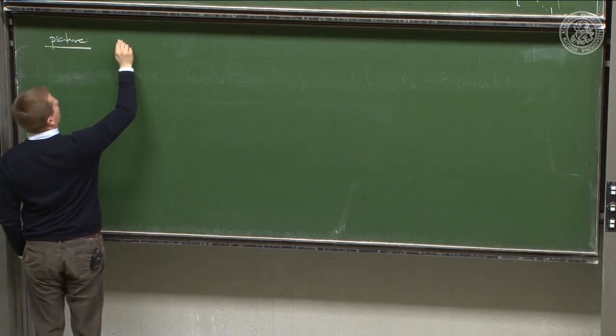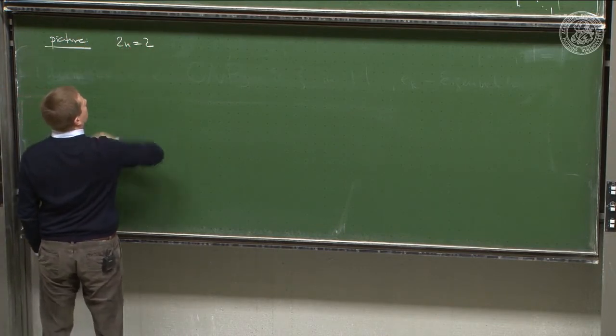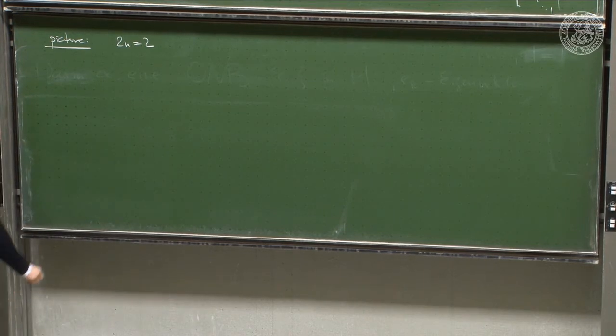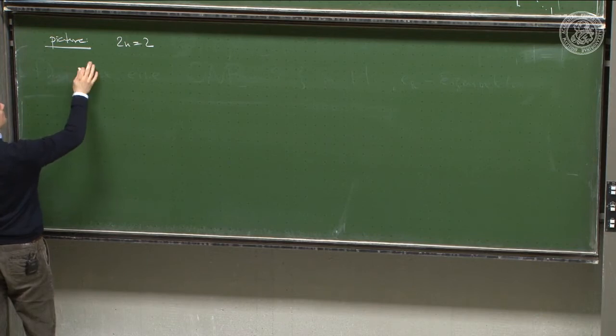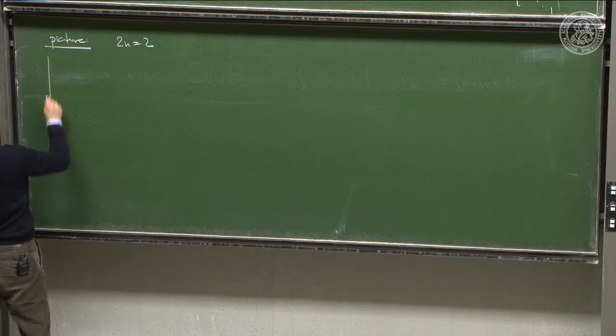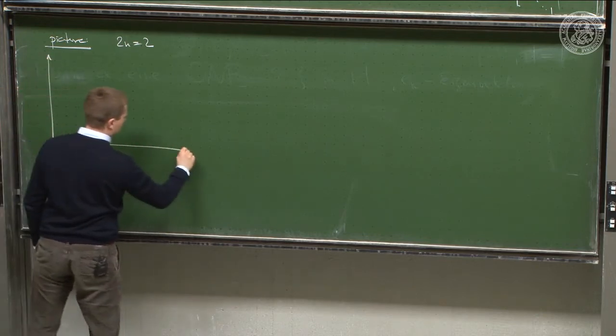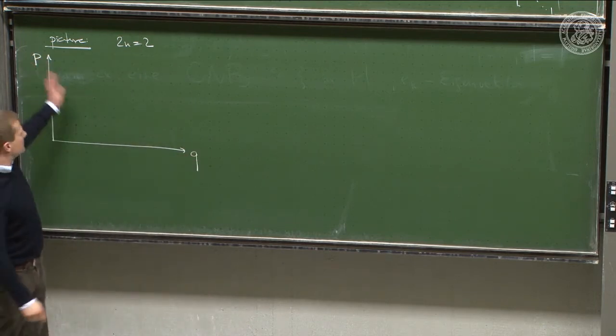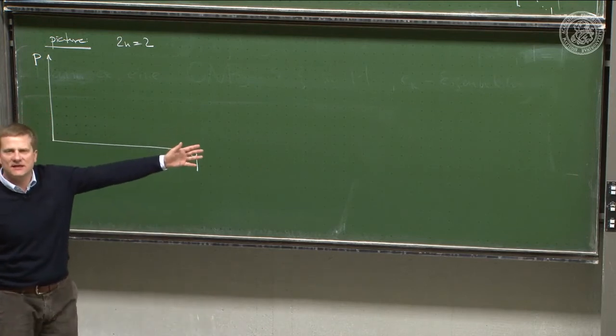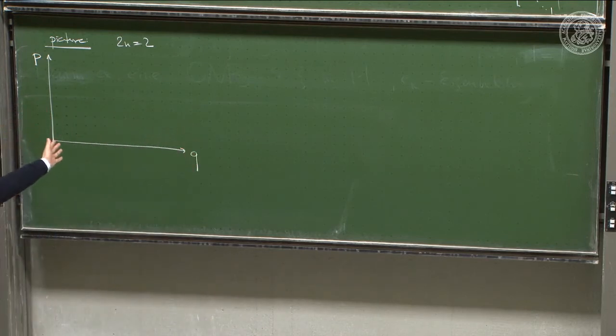So let's do this for 2n equals 2 dimensions. So if we go to Darboux coordinates, we can certainly look at the chart, okay? Where here I got the q's and there I got the p's. So you see I use q's and p's. So obviously this is not a picture of the manifold, it's a chart, okay?